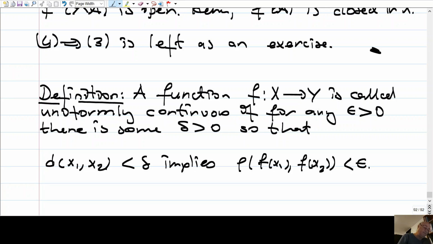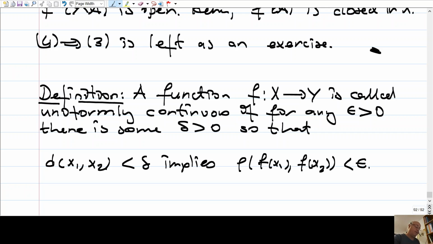Okay, you may wonder why this is different from the previous continuity definition, right? The difference is this.